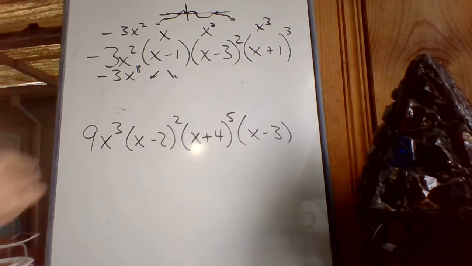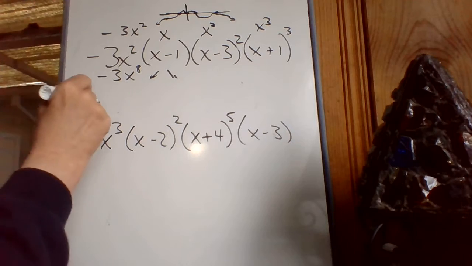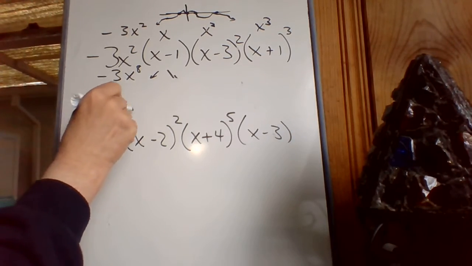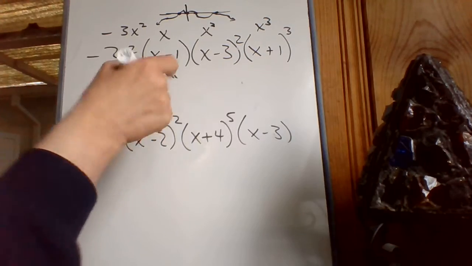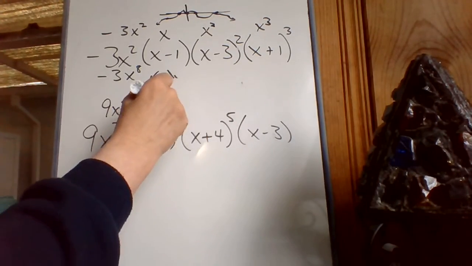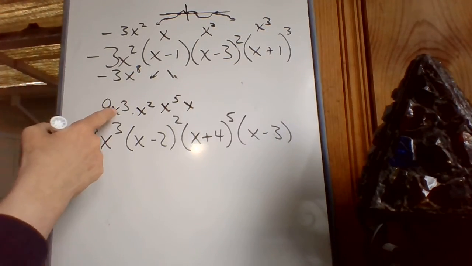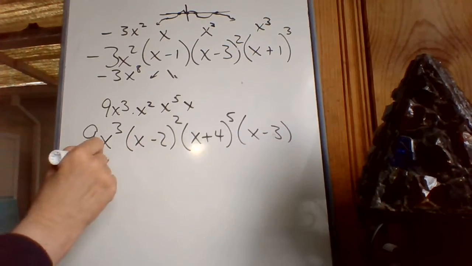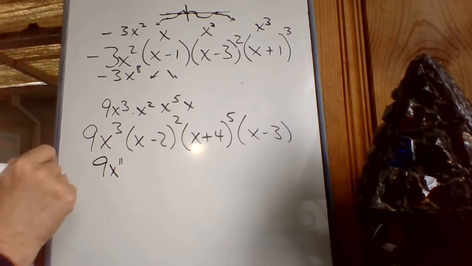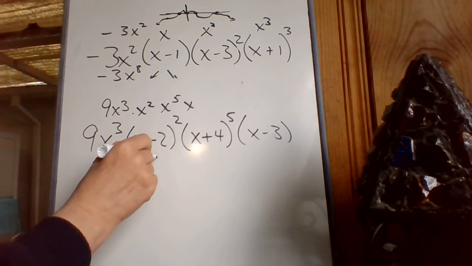Okay, first of all, I need that leading coefficient, so this is 9x cubed times just the x in the x squared, just the x in the x to the 5th, x to the 1. So 9x to the 10, 9x to the 11. All right, 11. So that's odd. That's kind of like an x cubed.